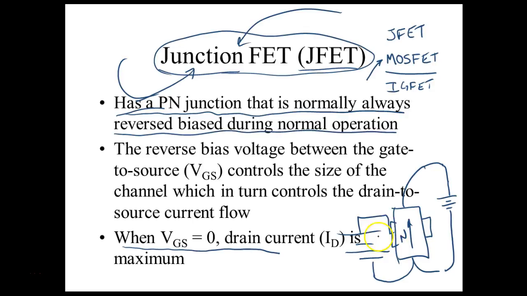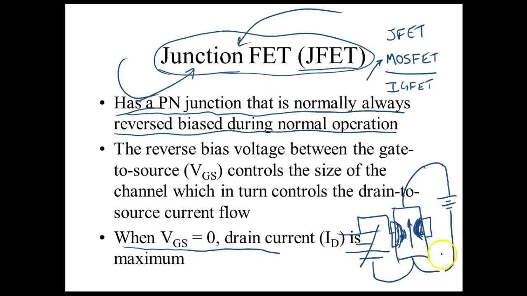But when I reverse bias this, it starts setting up a depletion region. This depletion region is depleted of majority carriers, so there are no majority carriers within it to handle a current. So we're electrically decreasing the size of the channel.